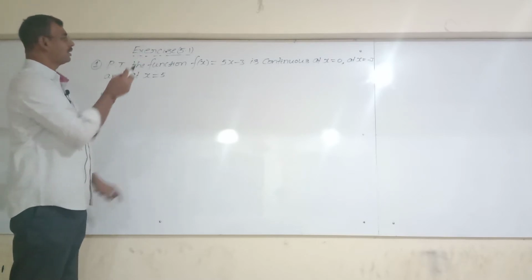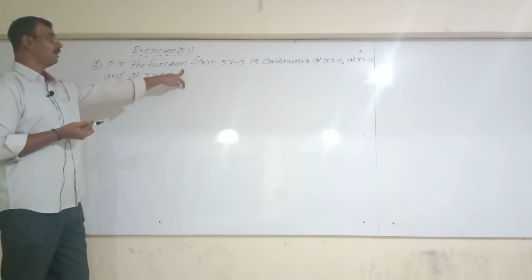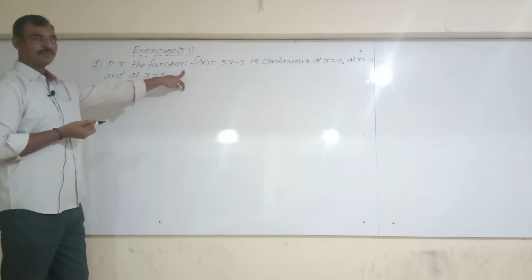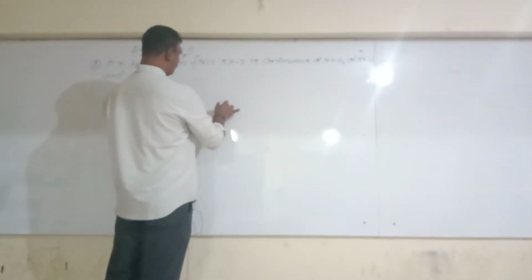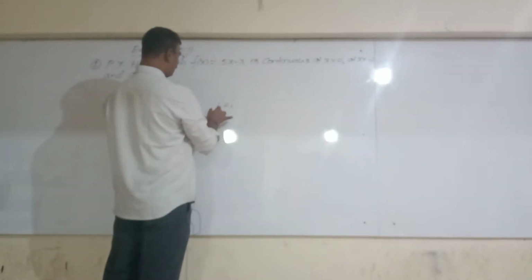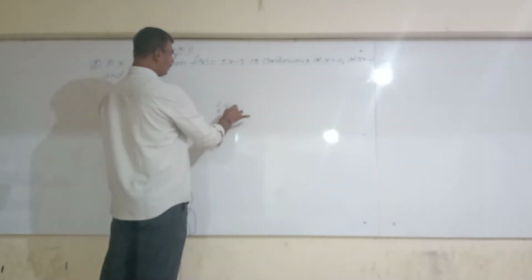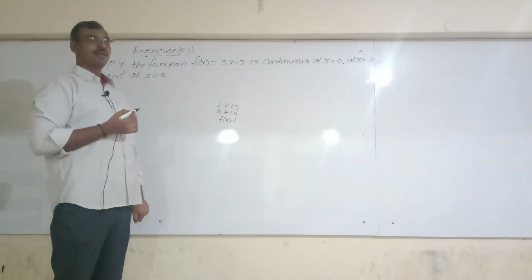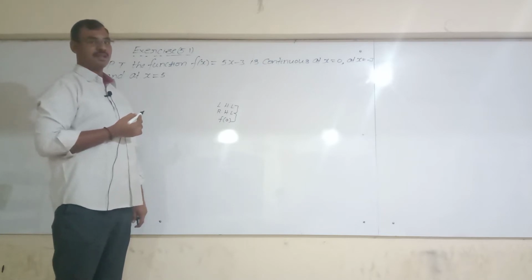Whenever there are given conditions, we have to find the left hand limit, the right hand limit, and f of a. If all three are equal, then it is continuous. If even one of them does not exist, it is discontinuous.